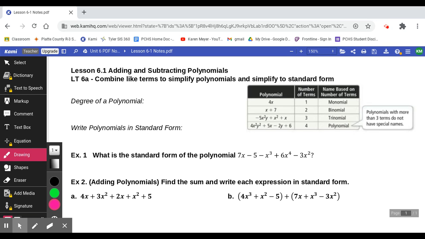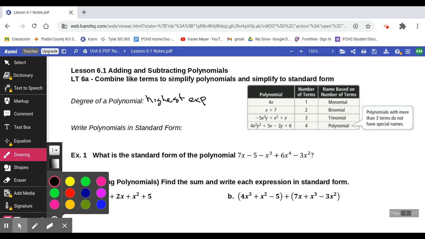Okay, degree of a polynomial. Degree of the polynomial is the highest exponent. Now, you will be asked to write your answers for the polynomials in standard form.